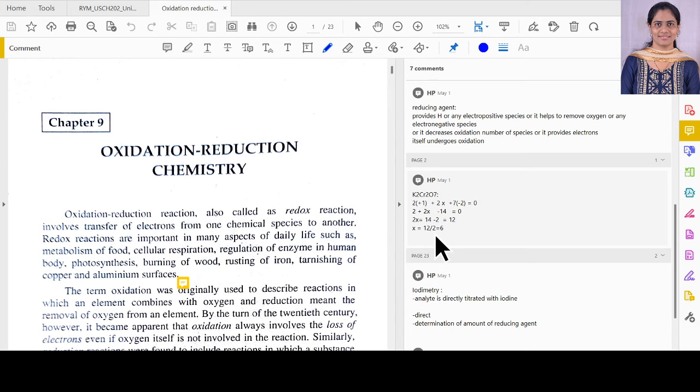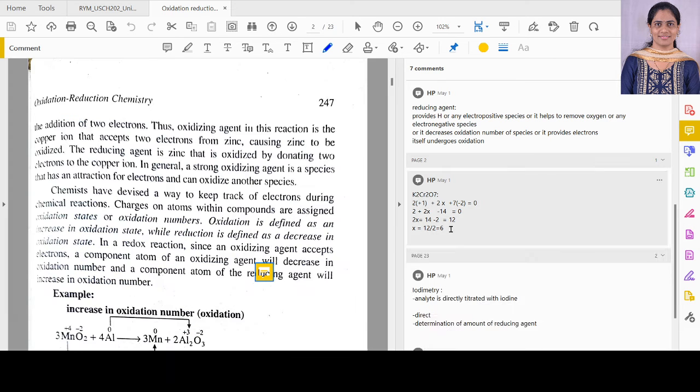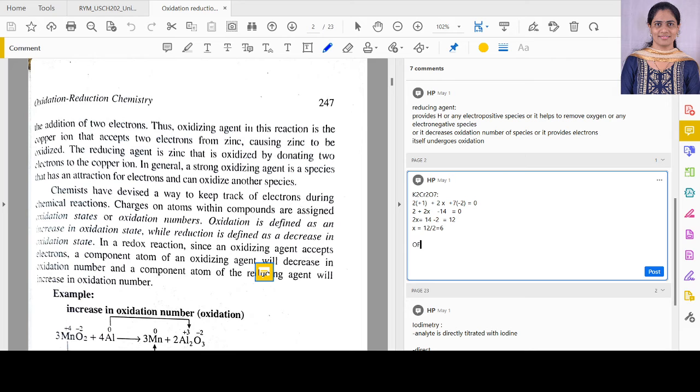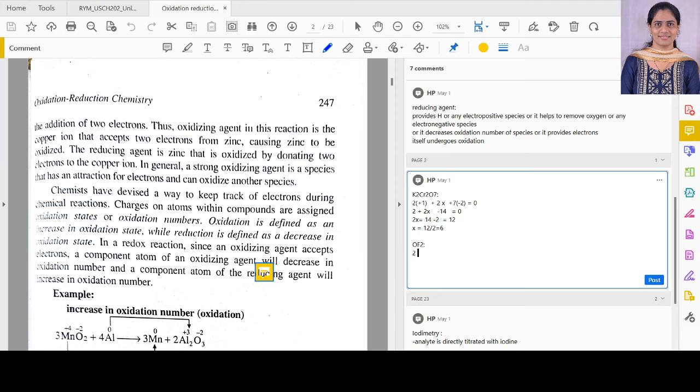Always remember fluorine is the most electronegative species. Okay, so when fluorine is bonded to any other element, fluorine will always be considered as 1-. Okay, and if oxygen is bonded, like OF2, in the case of OF2, two fluorine atoms are there.